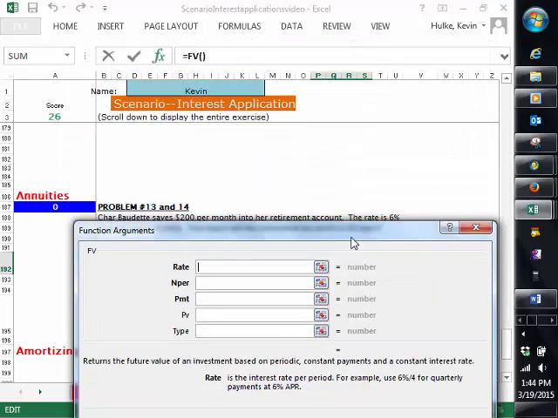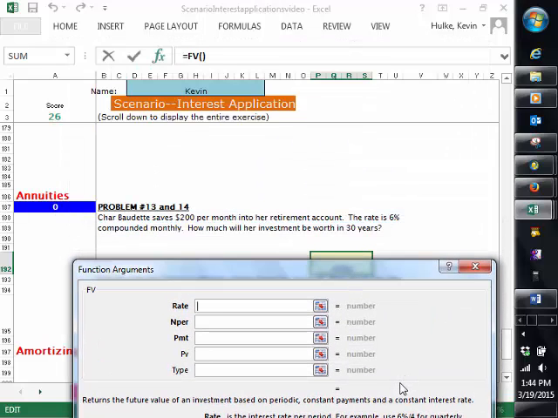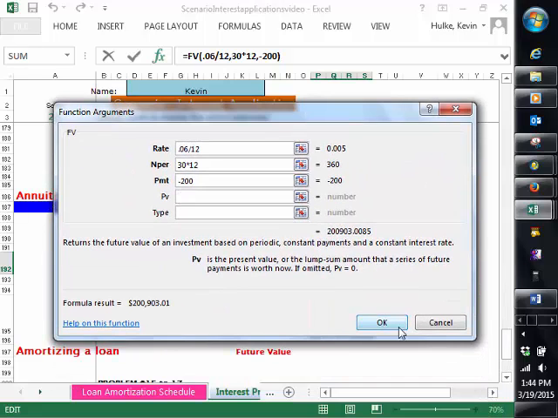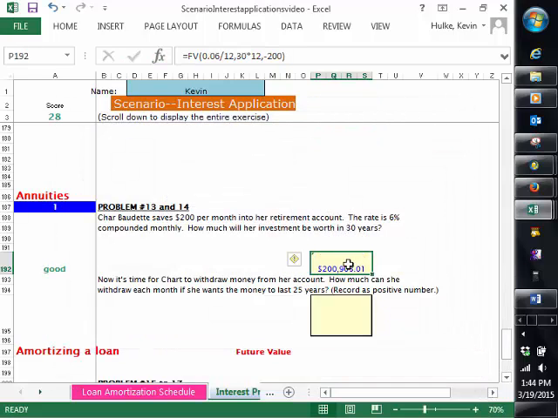Well, our rate is 0.06 monthly, we have to divide by 12. Number of periods is 30 years times 12, and she puts in negative $200 each month. She doesn't start with any money. Okay? So at the end, she has a pretty good chunk of change.